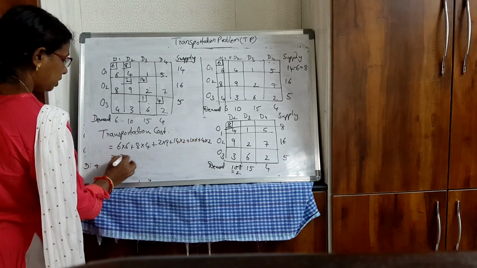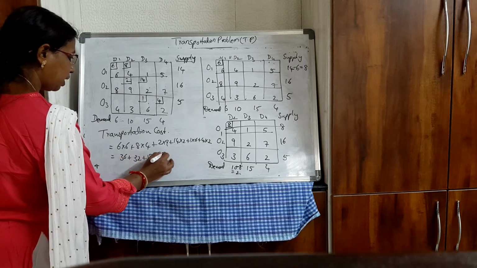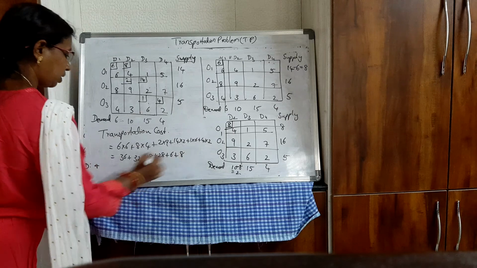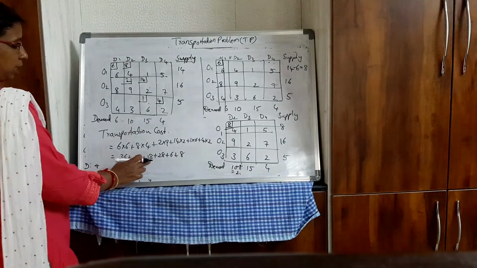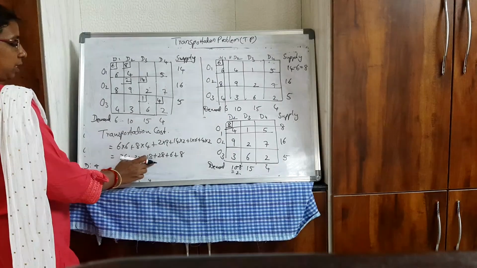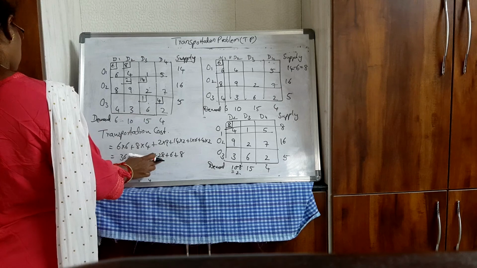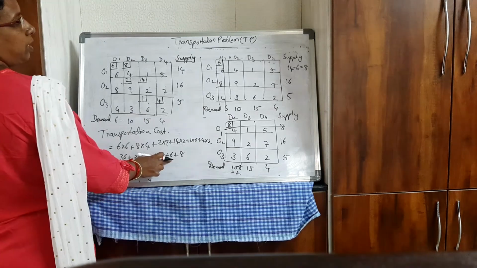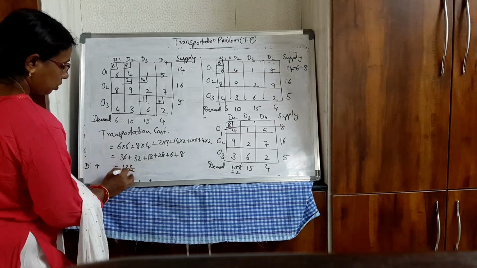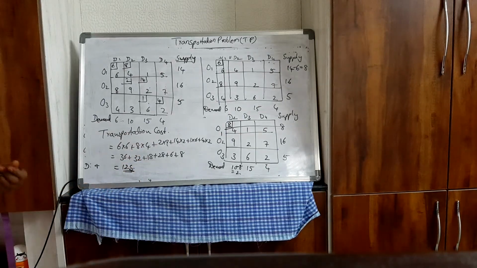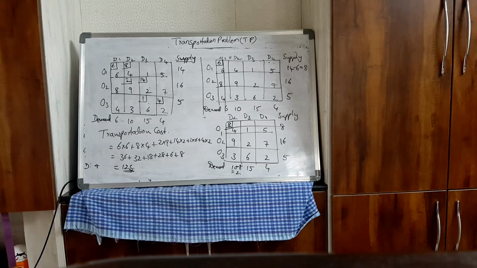So this is 36 plus 32 plus 18 plus 28 plus 6 plus 8. So this is 68, 68 plus 18, 86, 86 plus 28, 114, 114 plus 6, 120, 120 plus 8, 128. So this is the transportation cost you will get by using the northwest corner method.